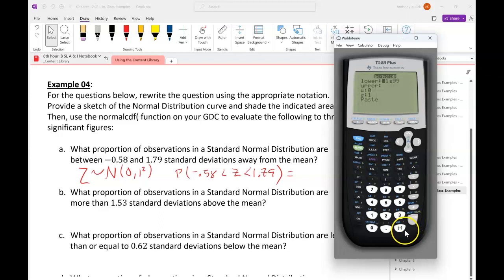The lower value is negative 0.58, and then the upper value is 1.79. And the problem tells us since it's standard normal, the mean is 0 and the standard deviation is 1. So I just press paste and enter. And I get 0.682. Is everybody okay with how we got that?